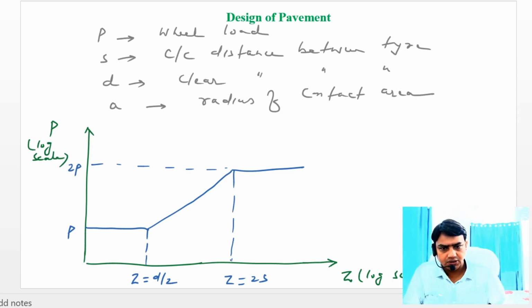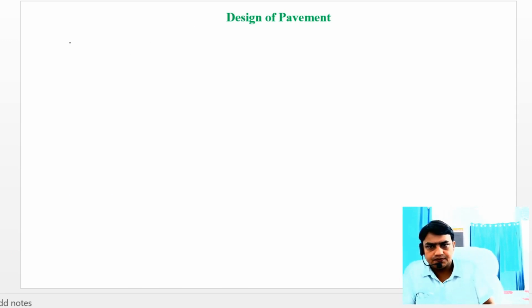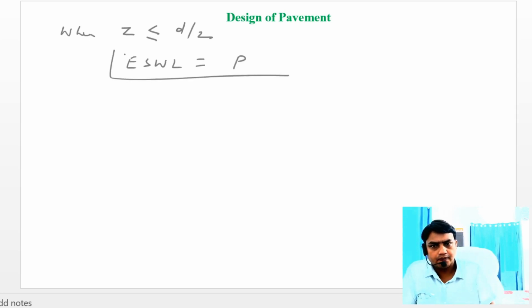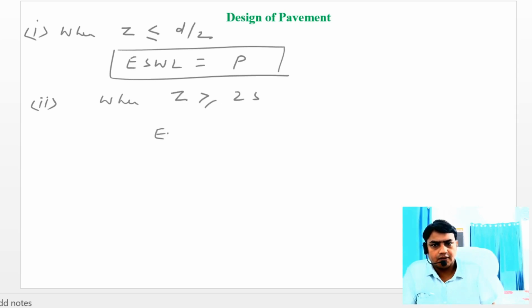So at any depth Z in between D by 2 to 2S, we can compute the value, let us assume this is P dash. So we can write, case 1, when Z is less than equal to D by 2, equivalent single wheel load is equal to P. Second case, when Z is greater than equal to 2S, equivalent single wheel load is equal to 2P.